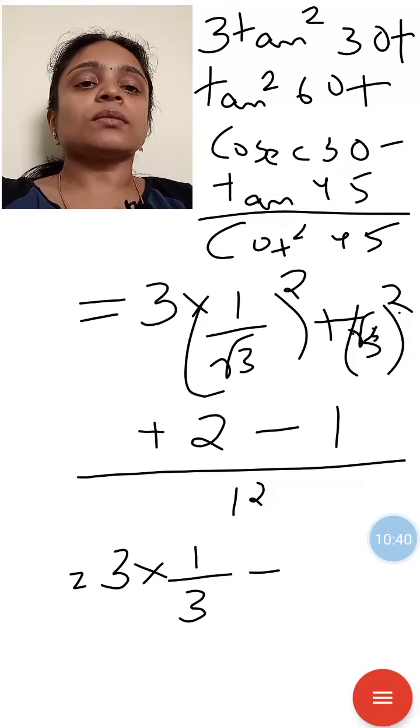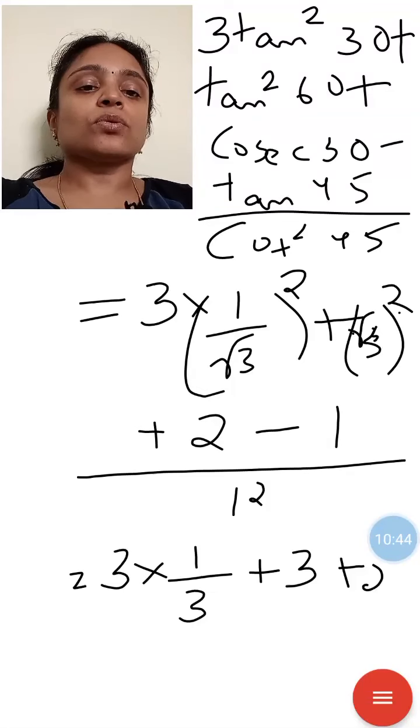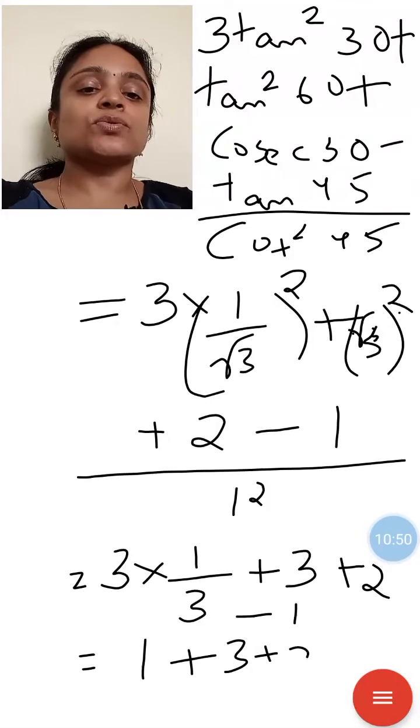Root 3 the whole square is 3. So, 1 plus 3 plus 2 minus 1, which is equal to 5.